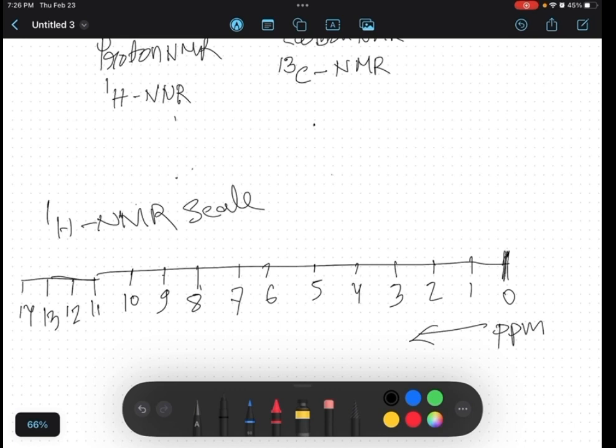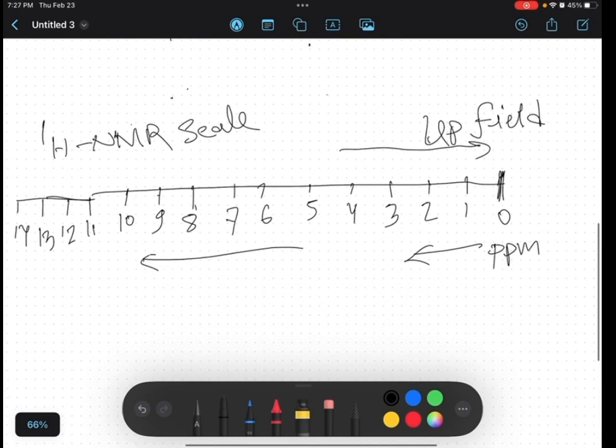If it is close to 0, it is called upfield, and as you go down, it is called downfield. Downfield means higher ppm, and upfield means lower ppm.